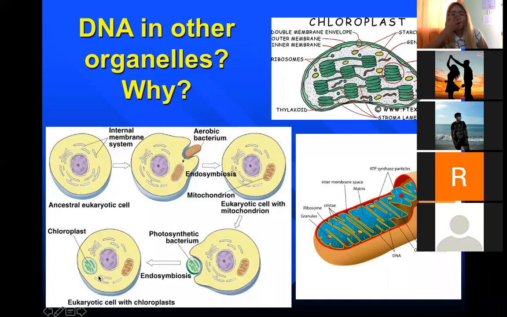Okay, so again, what is this slide trying to tell us? It's trying to tell us na hindi lang sa nucleus nakikita ang DNA. There are other organelles that have their own nucleic acid, that have their own DNA, which allows it to pass the traits from one generation to another.